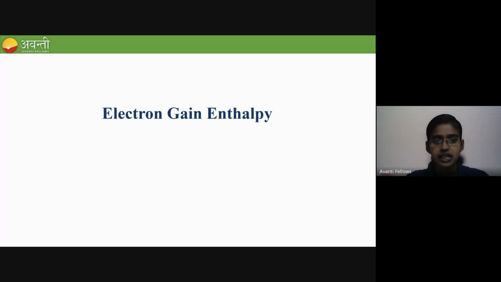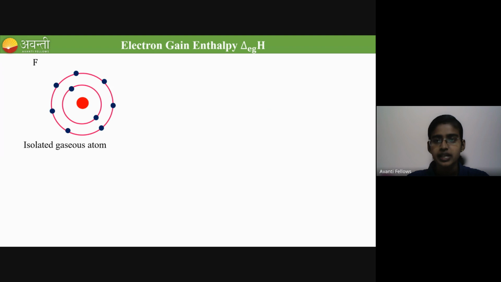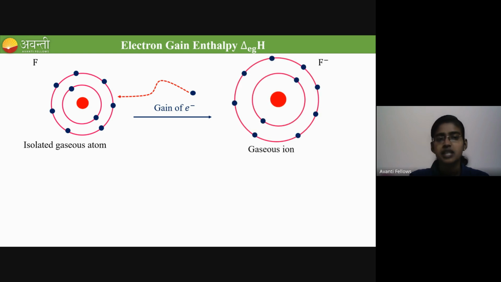the next topic. So this is electron gain enthalpy. Basically, an atom will gain one electron, and while gaining this electron, the particular atom will lose its energy. When an isolated gaseous atom gains one electron, fluorine will become F minus, and here you see the energy will be released.